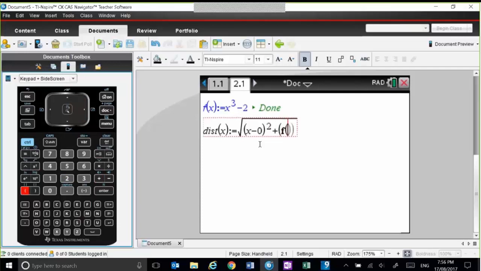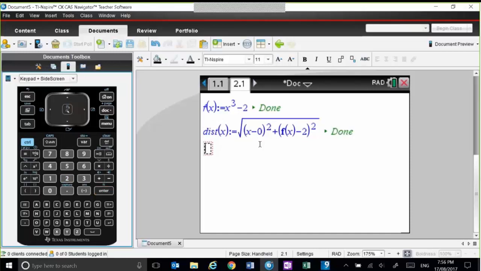The y coordinates are worked out at D by the y value of f of x, and then we are subtracting 2 from that, because that's the y coordinate at point A. So that's squared. If I press enter, it's done.